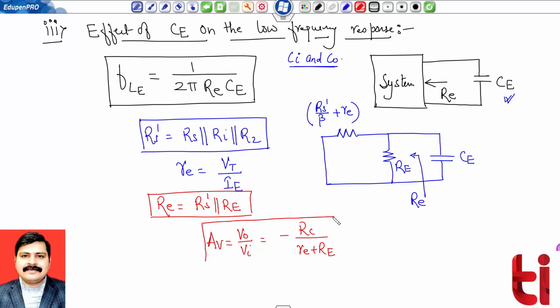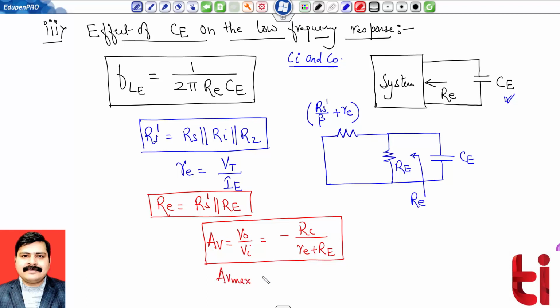Now, depending upon the frequency, the maximal value of this gain can be achieved when emitter resistance Re is equal to 0. Means emitter resistance will be 0 if emitter bypass capacitor Ce is replaced by a short circuit, and it will be replaced by a short circuit at high frequency.